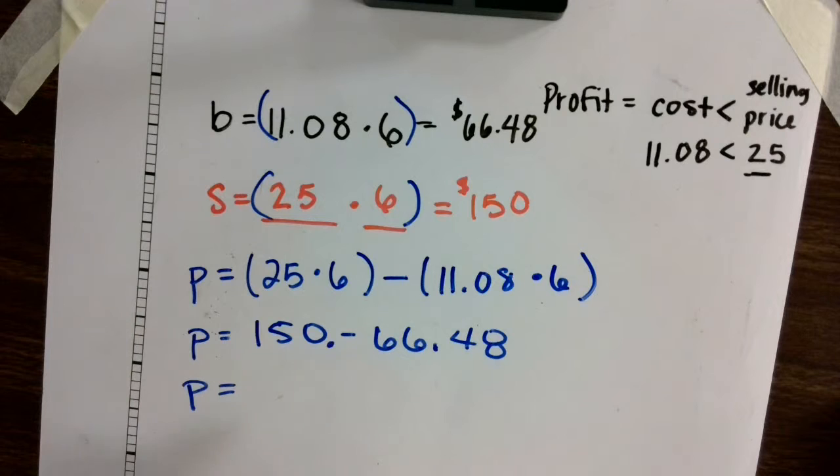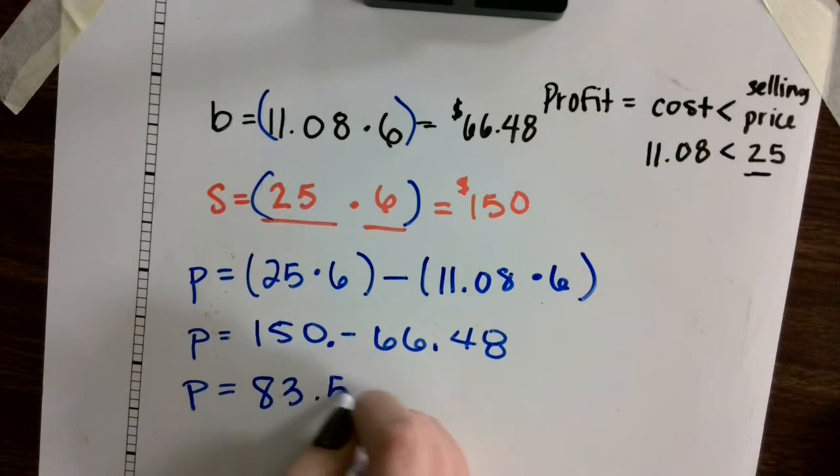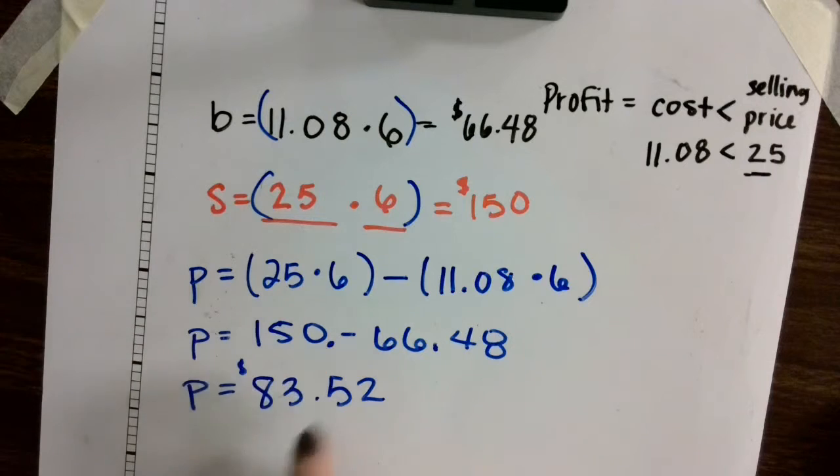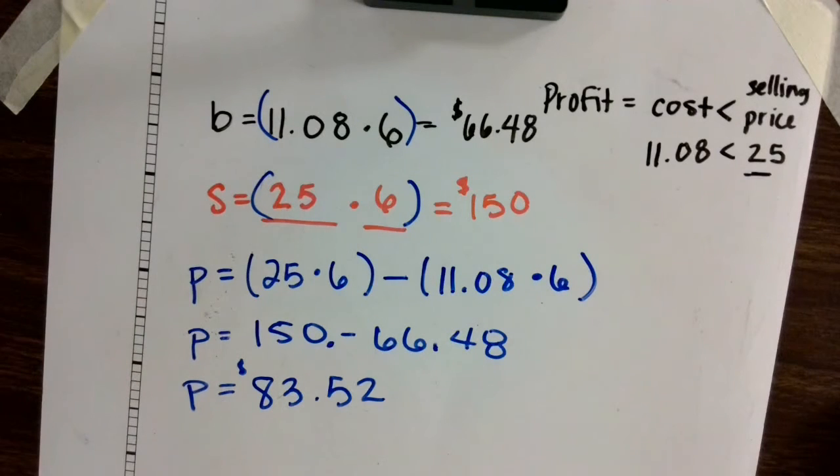Go ahead and 3, 2, 1, flip. Hopefully you all got $83.52 is what Ty would make in profit after making and selling 6 chairs.